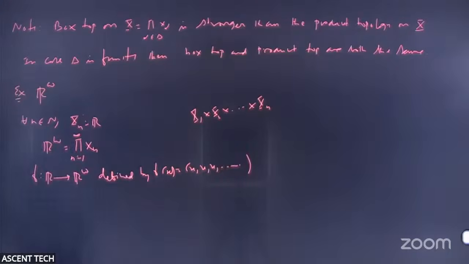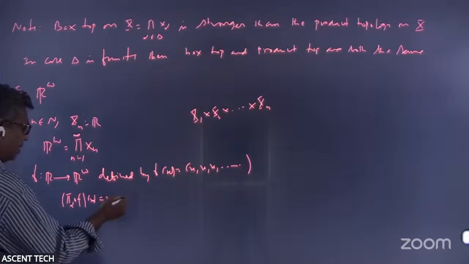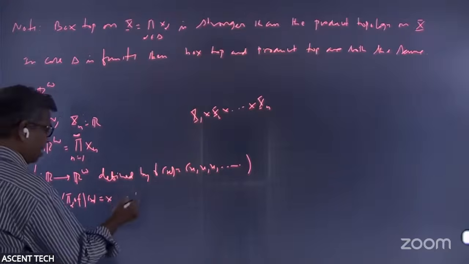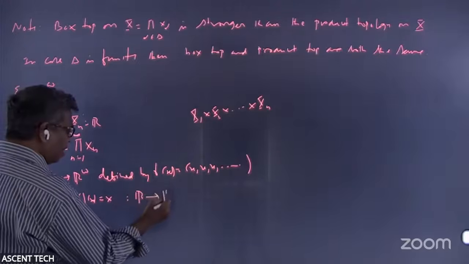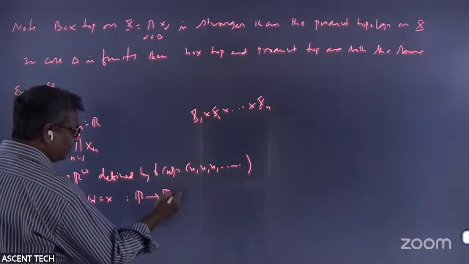You can see that every projection pi alpha composed with f at x is x. So this is an identity mapping from R to R, the alpha component.